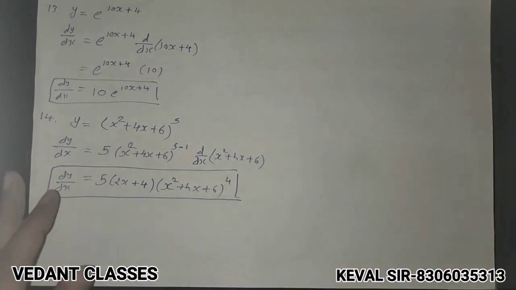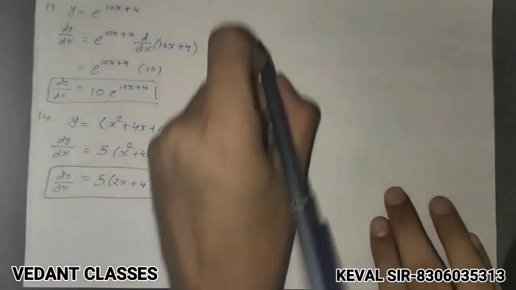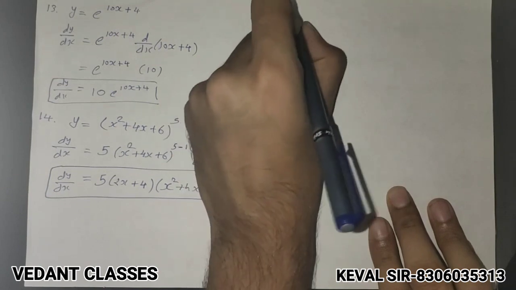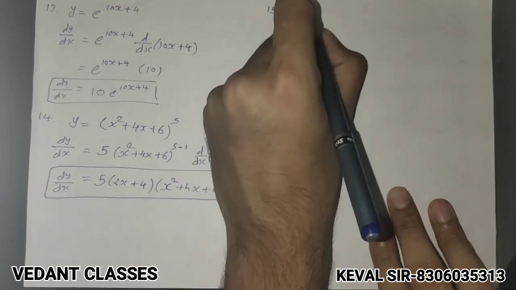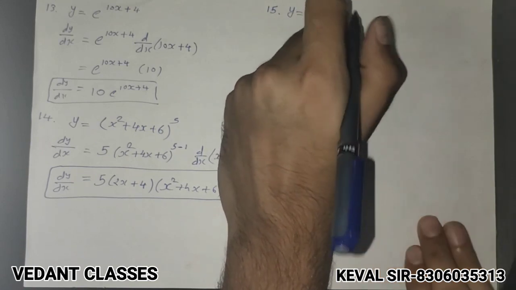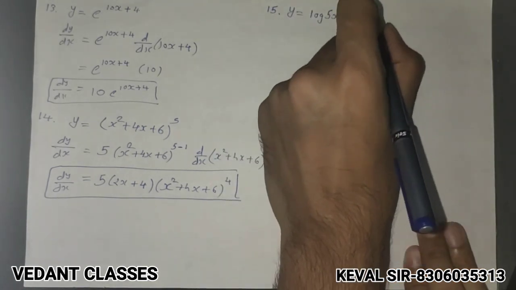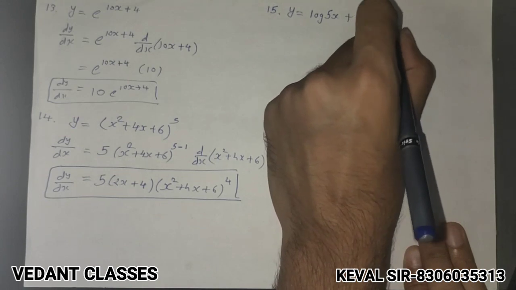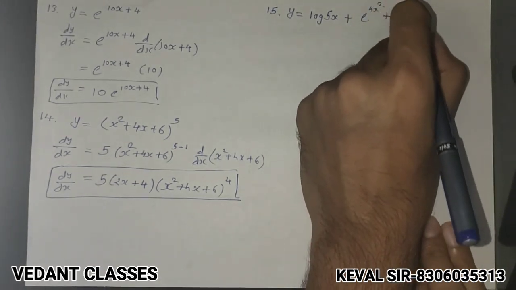Okay, let's solve the last question, that is 15th. Log 5x cube plus e raised to 4x square plus sine 7x.